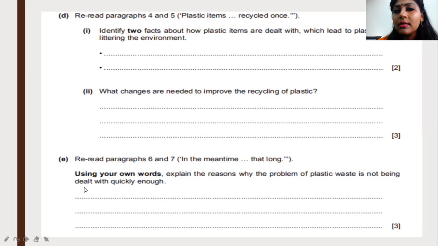That means you paraphrase, and when you paraphrase, obviously you can use synonyms. These are the techniques and skills involved in answering your reading comprehension questions, which is tested under paper 1 0500. Thank you very much.